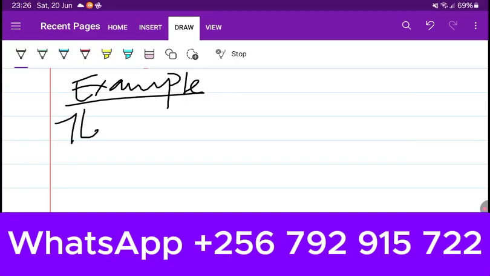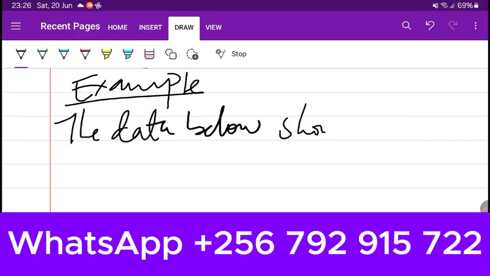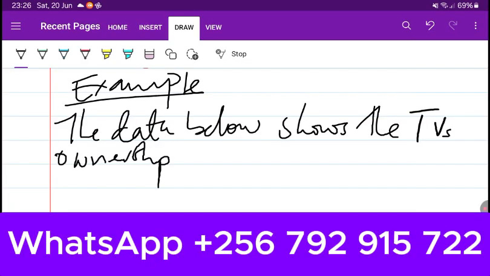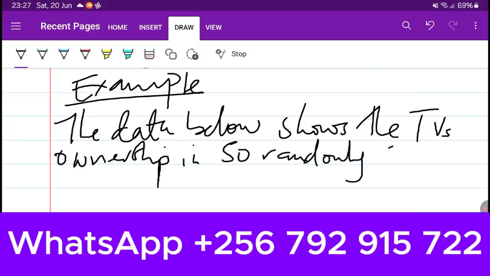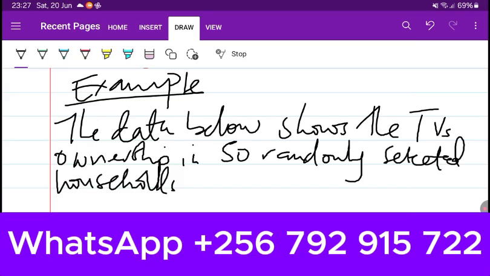The data below shows the television ownership in 50 randomly selected households in Entebbe.